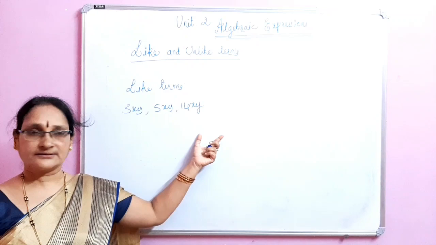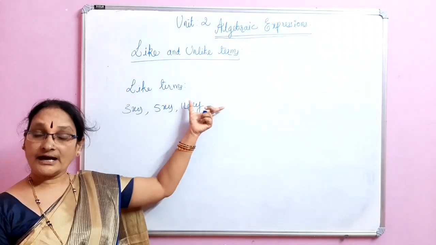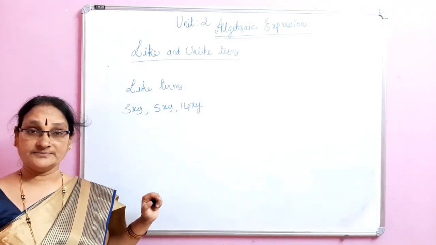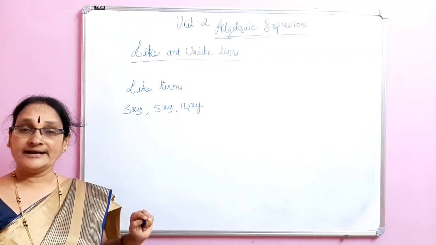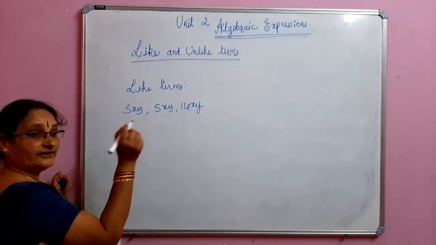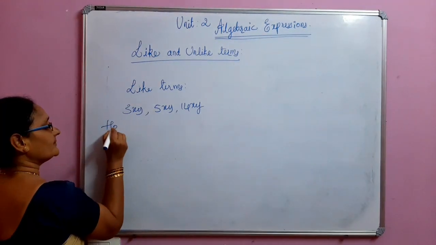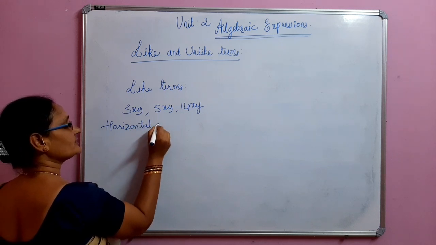Already explained this. Same variable, same power. How to add these? In the addition of like and unlike terms, there are two methods, that is horizontal method and vertical method. First we just learn by horizontal method. What is that horizontal method? See here. Horizontal method.